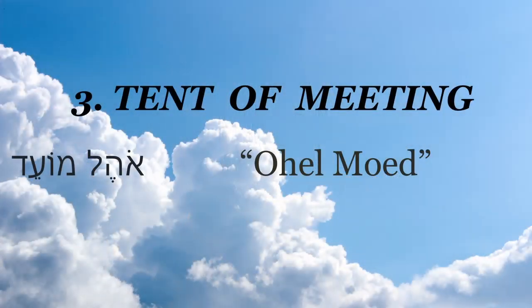The last one, the third one, which we will be describing today, is tent of meeting. Tent of meeting is also an exchangeable word with the previous two. In Hebrew, it will be Ohel Moed. Ohel means tent, and Moed means appointed time, meetings, seasons, feasts, or congregation.